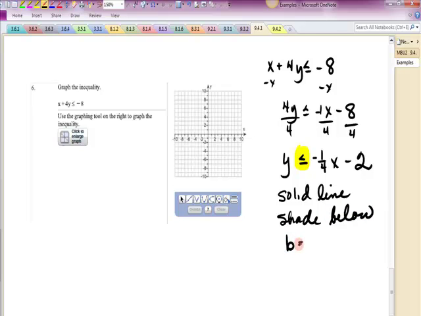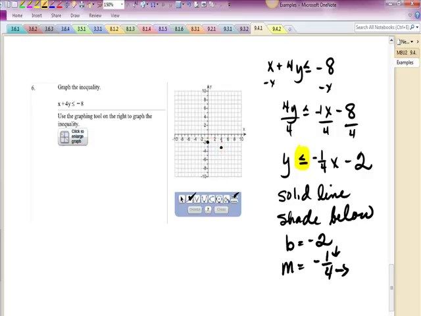I will begin at -2 on the y-axis, and my slope is -1/4, which is down 1, right 4. All right, line, and solid because it has equal. I will begin at -2. From there, I'm going to go down 1, right 4.